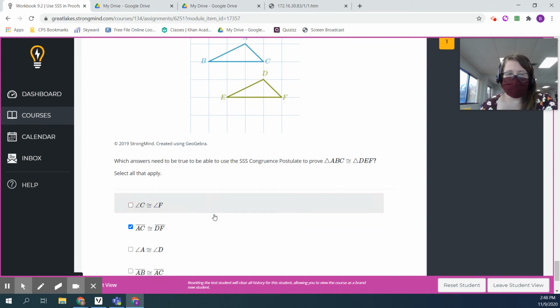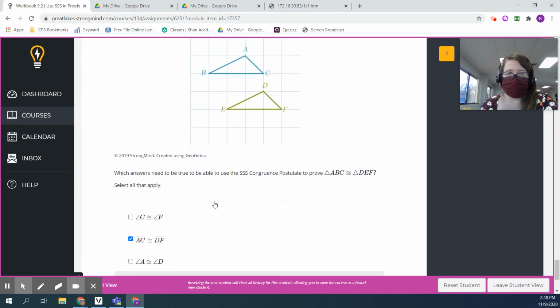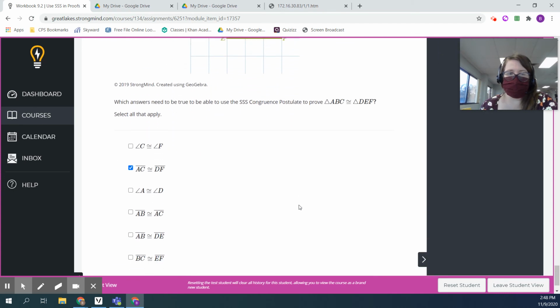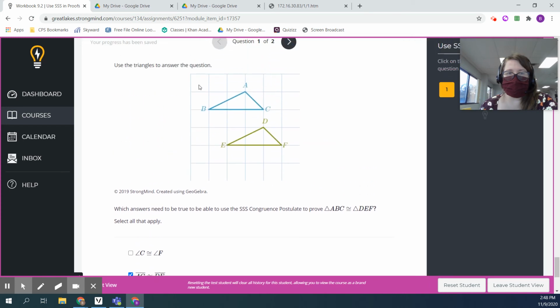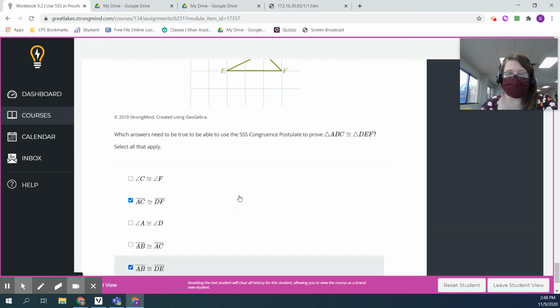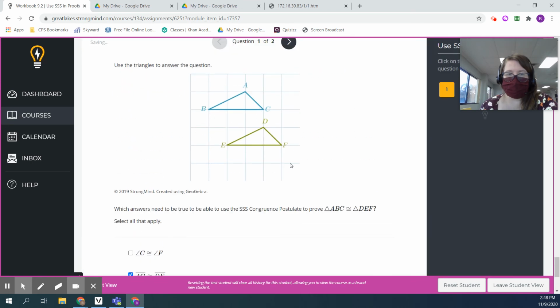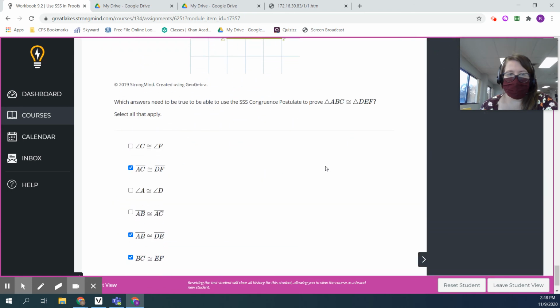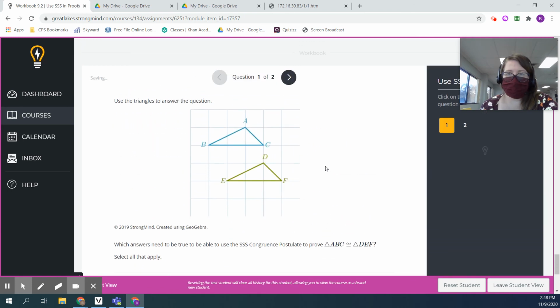AB and AC are on the same triangle, so we don't want that one. AB and DE, that's the upper left one, good. Mark that one. Then BC and EF, yep. Double checking, all right.